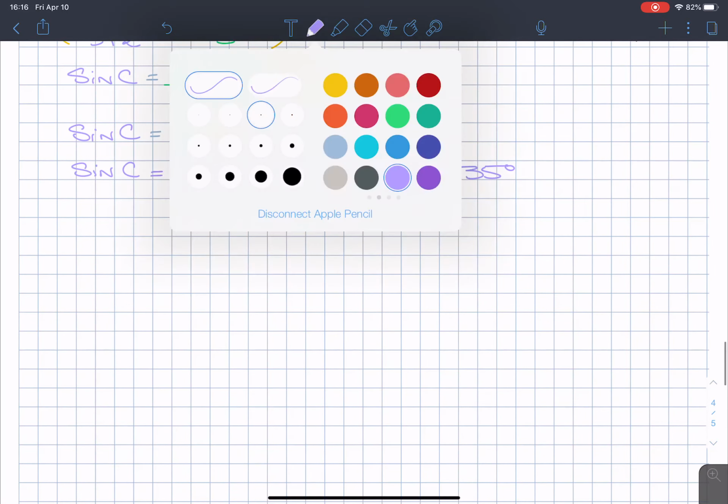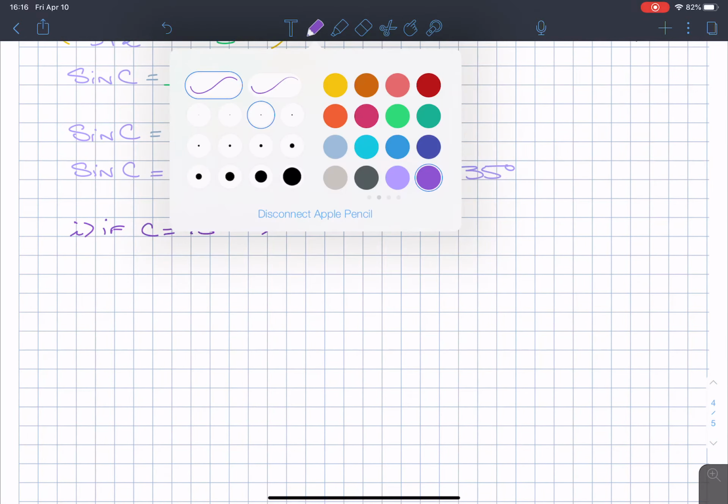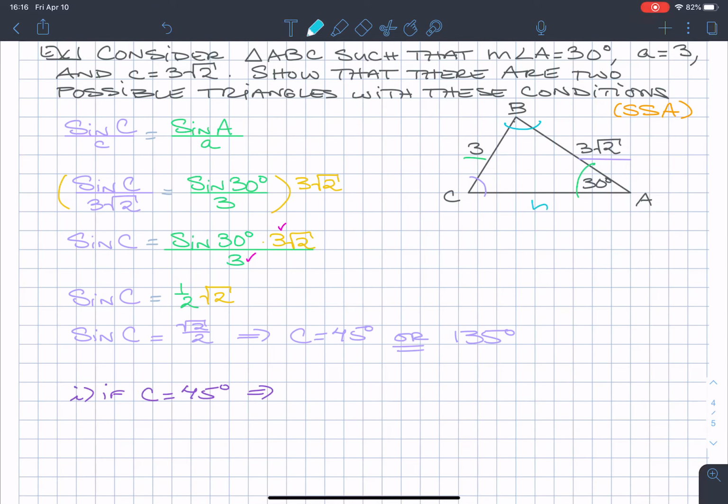So let's do case 1. If C is 45 degrees, this implies that angle B, what color should I use for angle B? Let's use blue. So blue for angle B and little b.